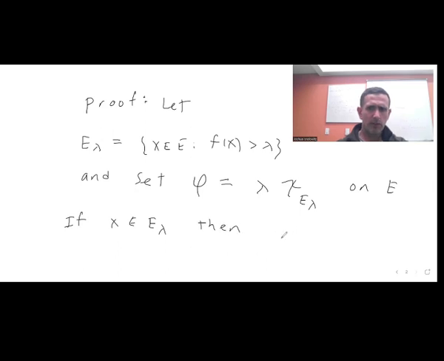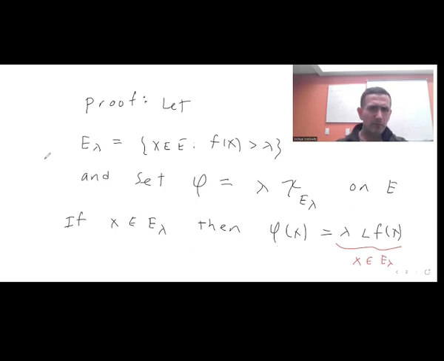Then by the definition of the characteristic function, this is lambda, and this is less than f of x, where we're using the fact that x is in E lambda instead of all x in E, where f of x is bigger than lambda.